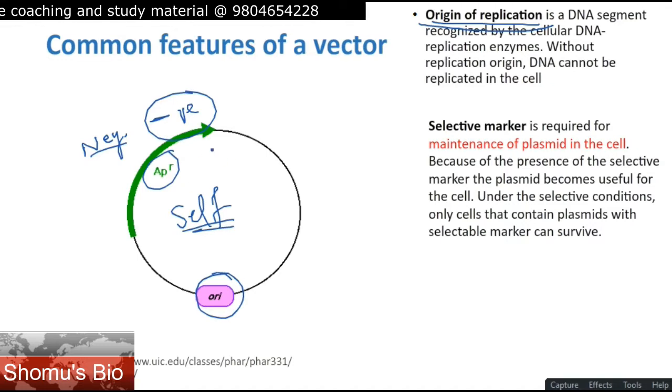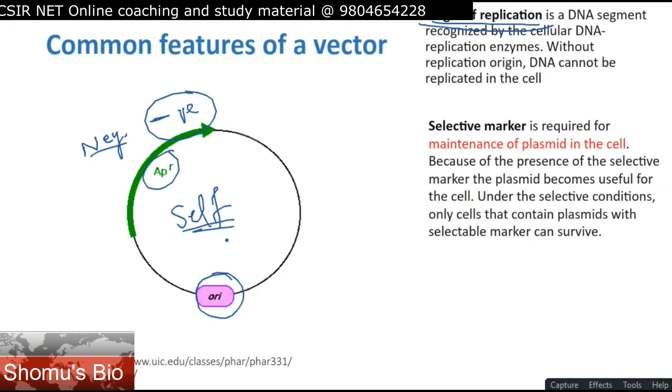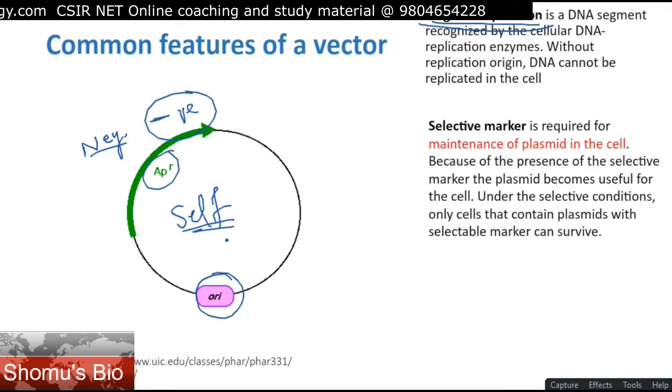They need this marker to maintain the plasmid inside the cell, because we need to select only those cells containing the gene of interest, and without the marker it's not possible to find the cell carrying the gene of interest. The biggest problem with cloning is not cloning the DNA. Cloning is far easier. The difficult part is to screen for the cell containing the gene of interest, right?